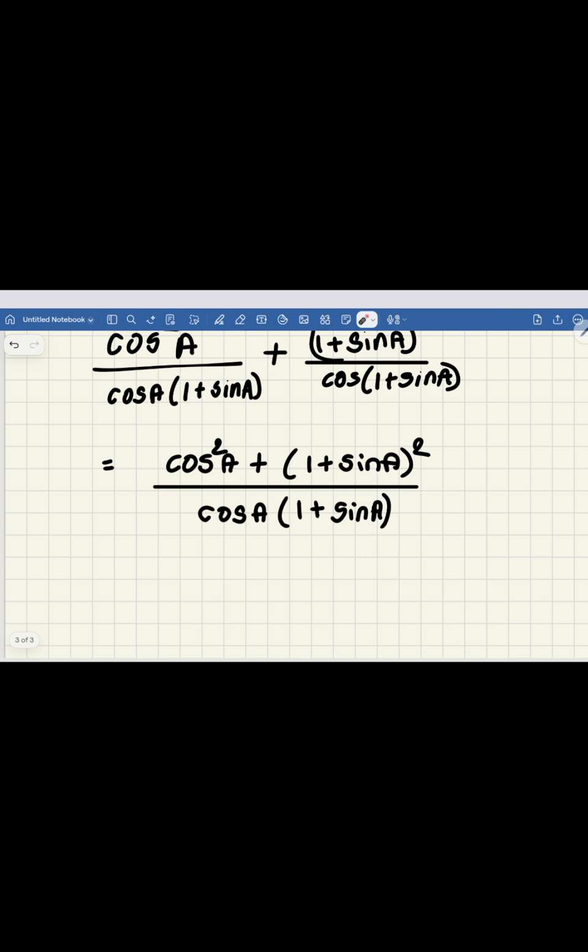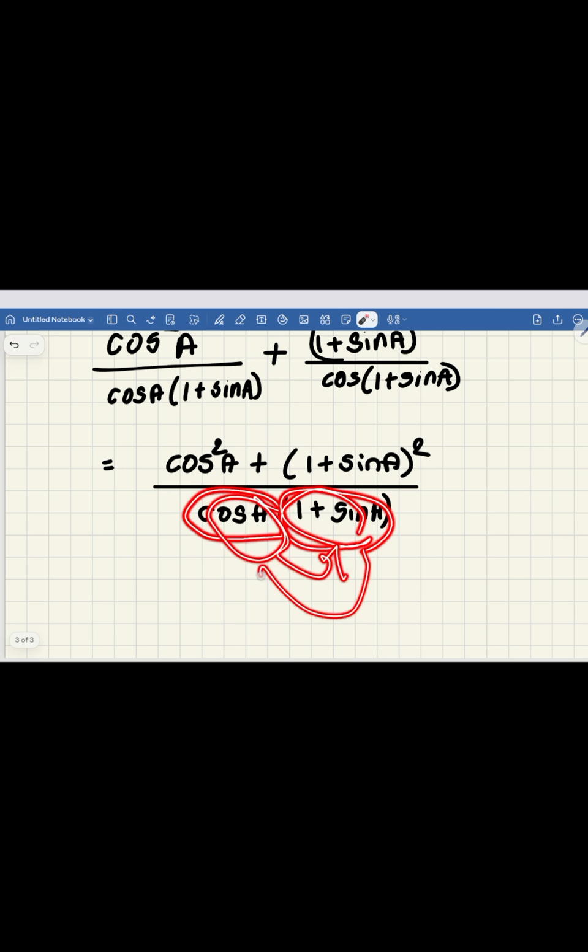Anything you have found? See, because cos square A you can keep the same, you can't change that, right? And 1 plus sine A whole square, would you like to change this into something? Or in the bottom you can see cos A into 1 plus sine A. Is there any way you can change cos A into sine A?